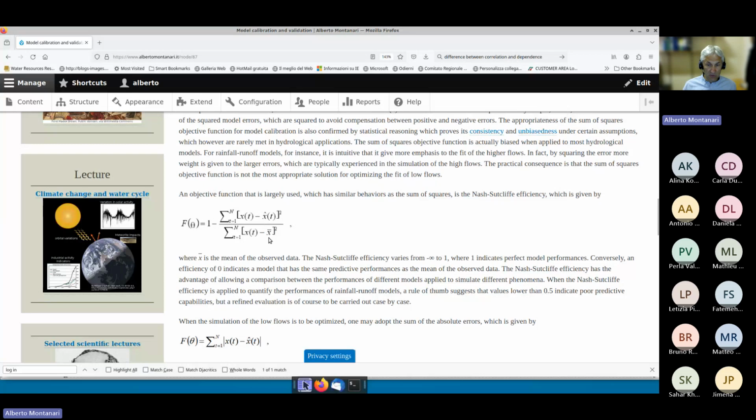At the denominator, the model simulation is replaced with the average of the true values, x bar. So what is the meaning of doing that? The meaning is to compare the least square objective function of the model with the least square objective function of the so-called trivial model. The average of a variable is assumed to be the trivial prediction.